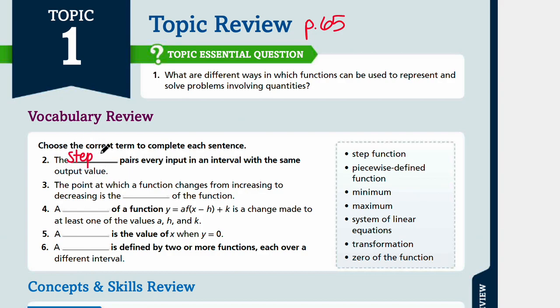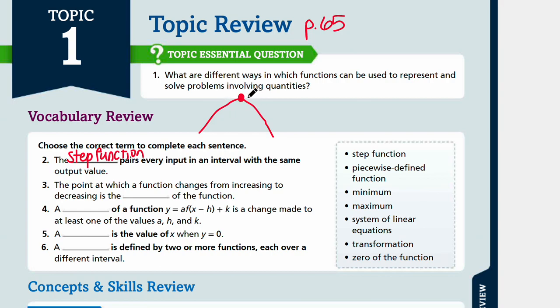So number 2 is step function. A step function pairs every input in an interval with the same output value. Number 3, the point at which a function changes from increasing to decreasing is the blank of the function. So the function keeps increasing and then at some point it decreases.